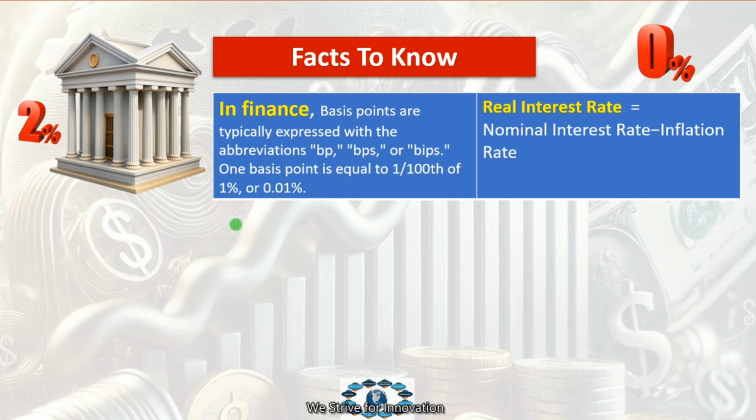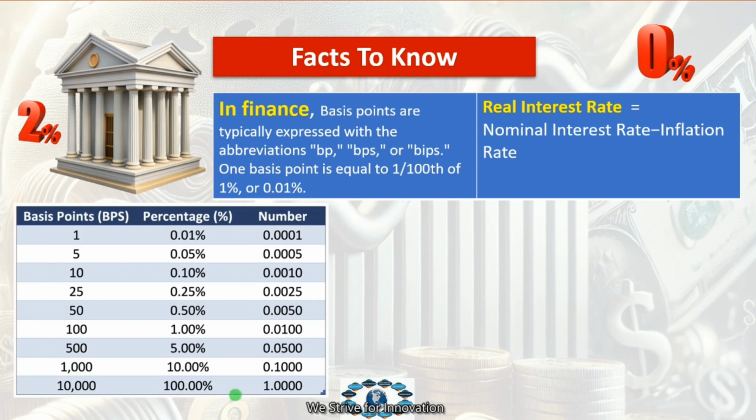This chart here or spreadsheet will give you an idea of the basis point. If it is 1, what's the percentage? If I say it's 200 points, you just say 100 points is 1%, 200 points 2%, etc., just like that.